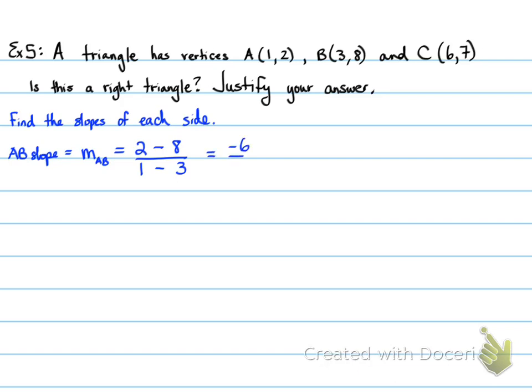Well, we would get negative 6 on the top, negative 2 on the bottom, which results in the value of 3. Next, we find the next slope, let's say BC. Well, the slope of BC is equal to, B is 3, 8, C is 6, 7, and we draw 3 lines. What will that result in? Well, negative 1 on top and negative 3 on the bottom.